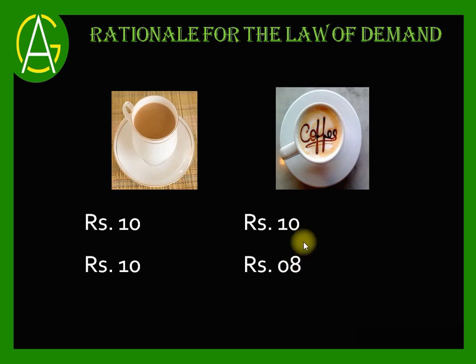So the total demand for coffee will increase because it has become comparatively cheaper as compared to the price of tea. So people have substituted from tea to coffee, and because of this substitution effect, the law of demand is applied. Price has decreased, demand has increased.